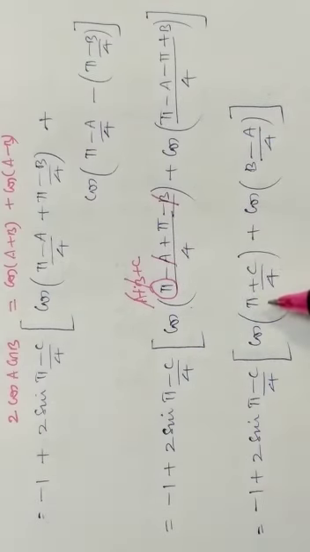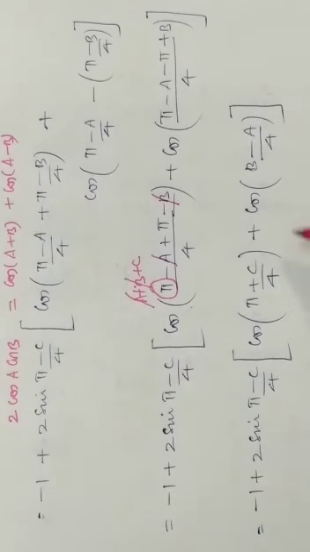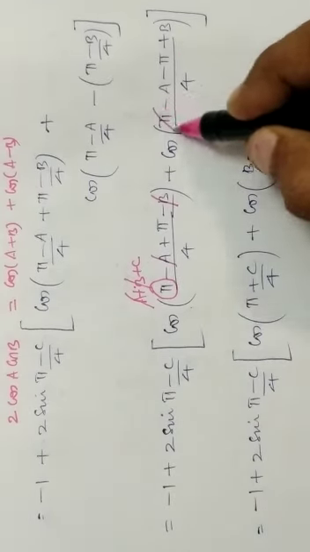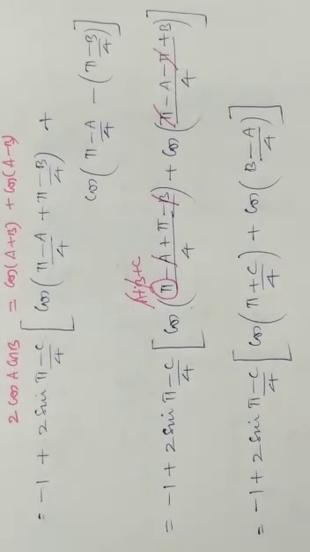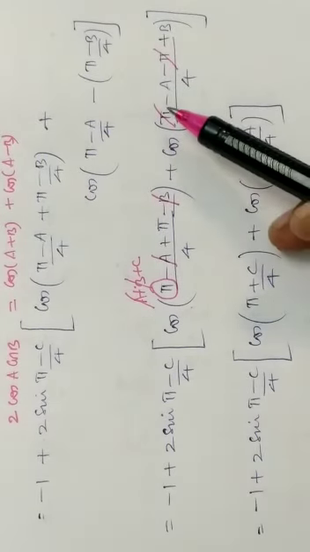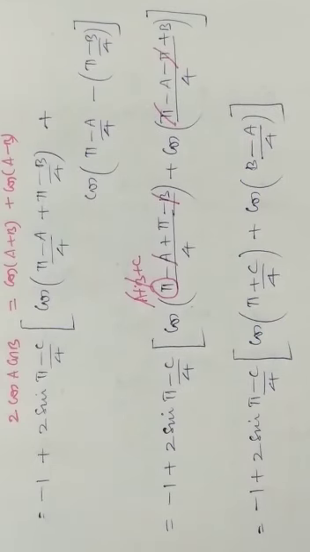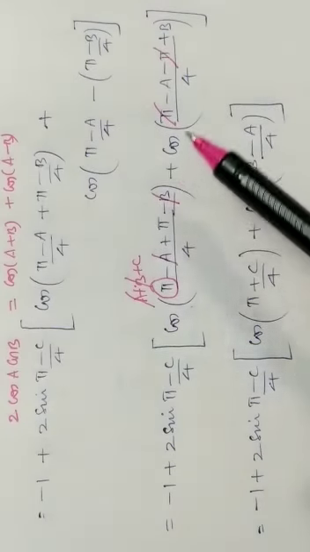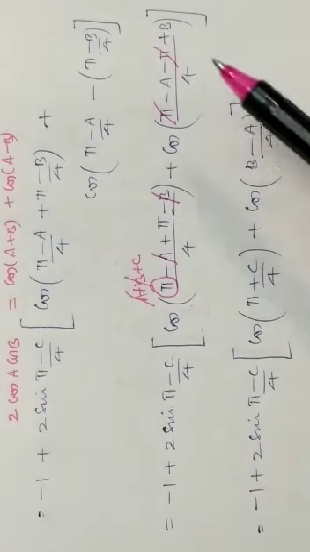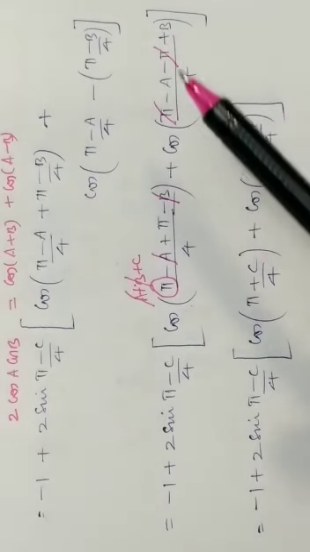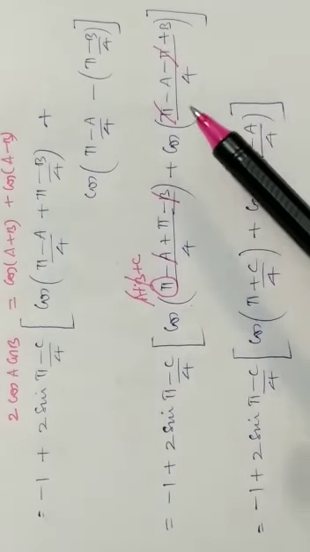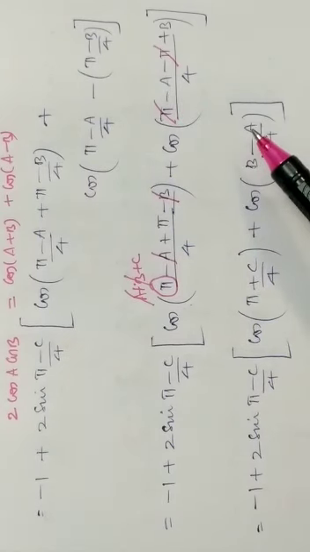So (π + C)/4 plus, here plus π minus π gets cancelled, minus A and plus B are remaining. One term is negative, the other is positive. In such a case, we write the positive first, negative later.